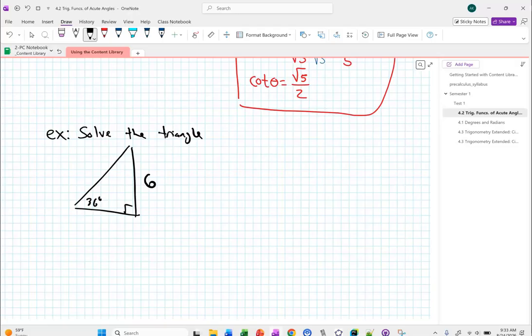Should I calculate it in degree mode or radian mode? What is the angle? Degree. So the calculator should be degrees. Yes. So the unit on the problem will tell you the mode of your calculator, right? So this problem is 36 degrees. Calculator should be in degree mode.